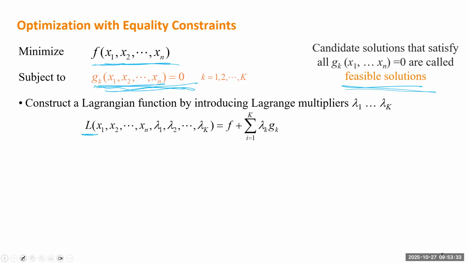We use L, which is a function of all the variables like generations, and we also introduce some new variables. The physical meaning of each new variable is the price you pay to violate any constraint.